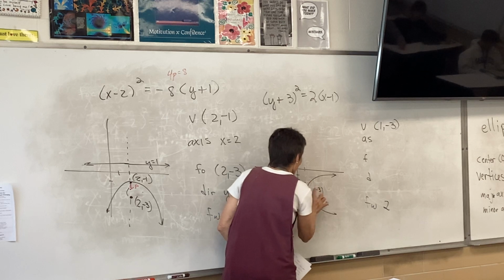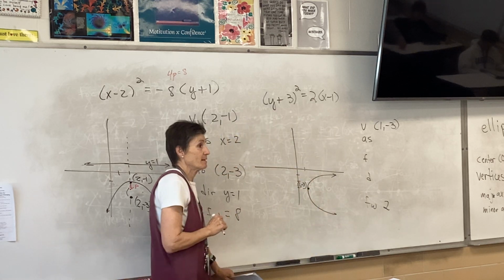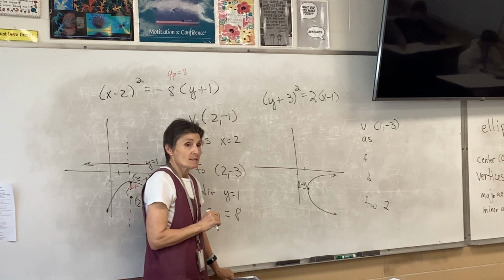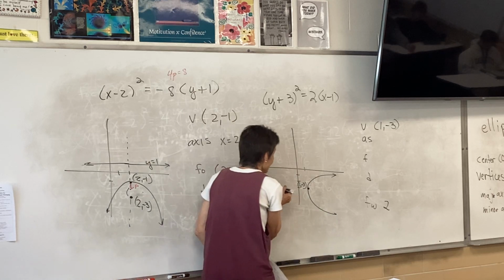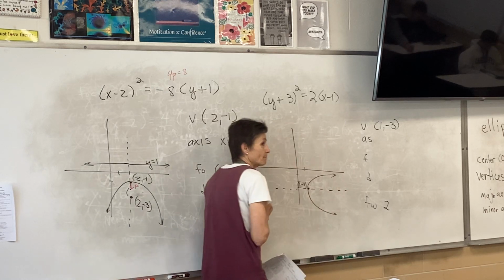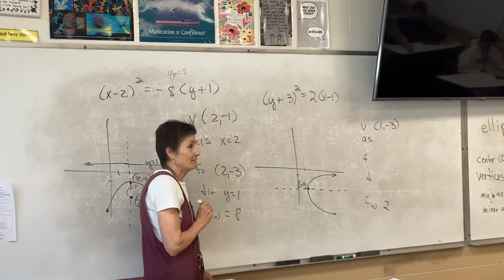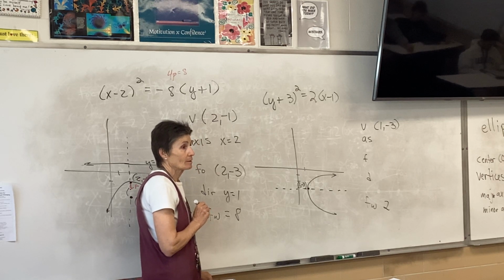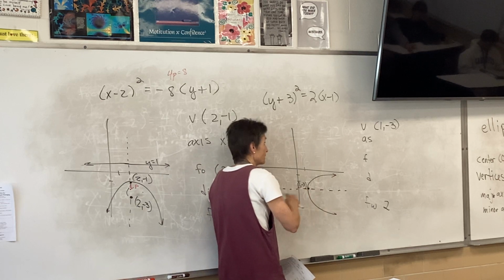Because it's y that is squared and the number is positive. Since I open to the right, my parabola looks like that, isn't this my axis? What line is that? Y equals negative 3.